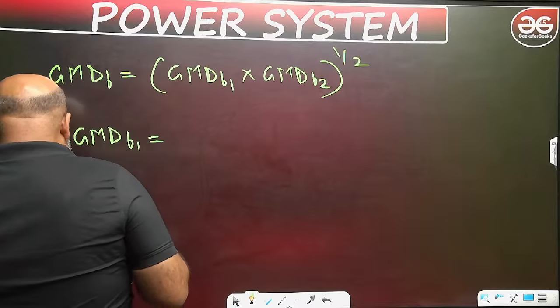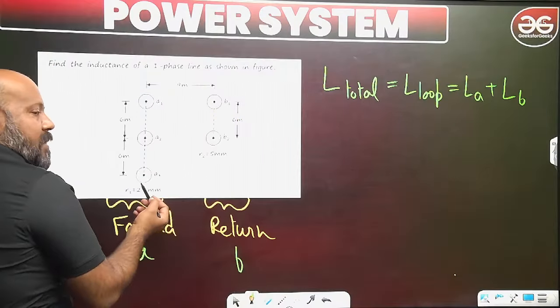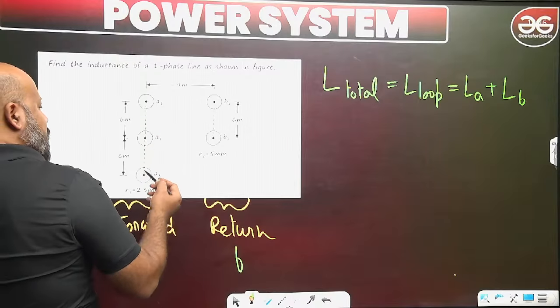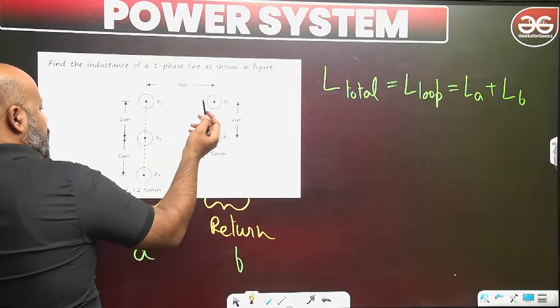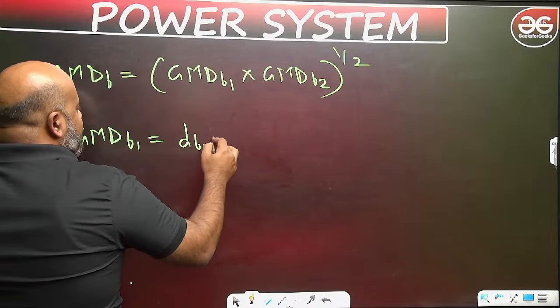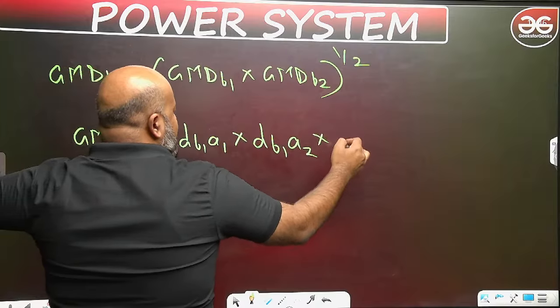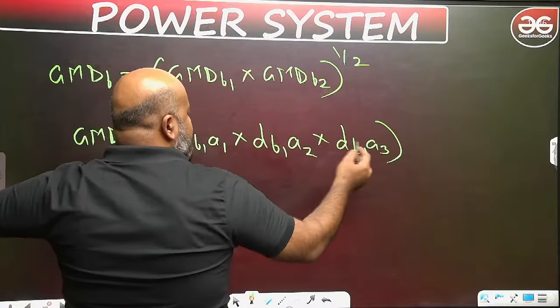The distance between B1 and all the conductors in the other phase or group. So it is A1, A2, A3: the distance between B1A1, B1A2, and B1A3. How many distances? 3. What is the power?